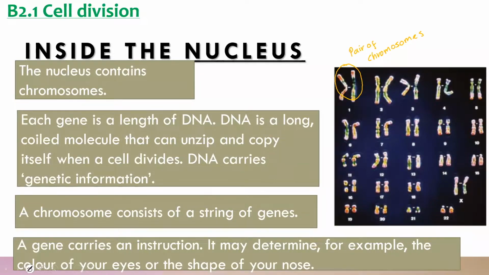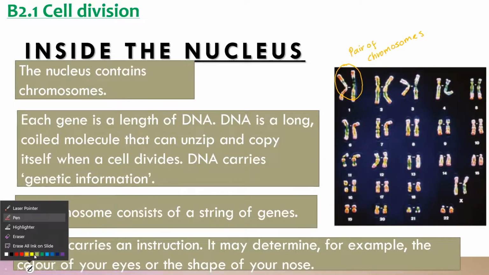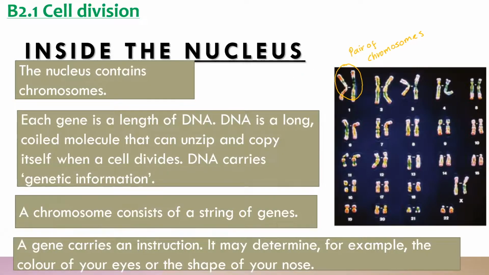So I'm going to go into another chromosome and make it a bit clearer. A little section of a chromosome is called a gene, and a gene is made up of DNA.